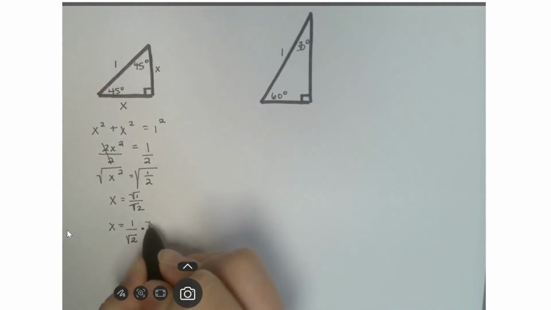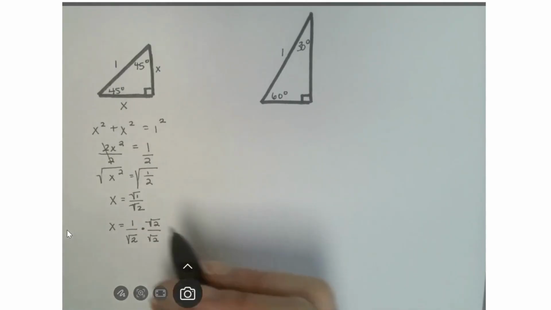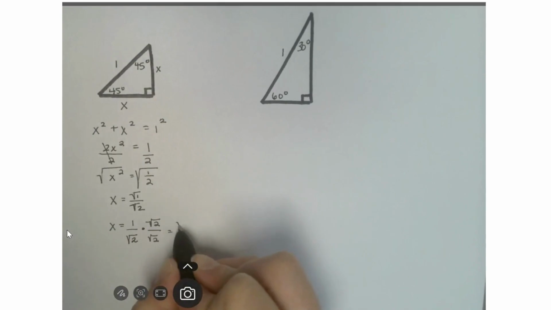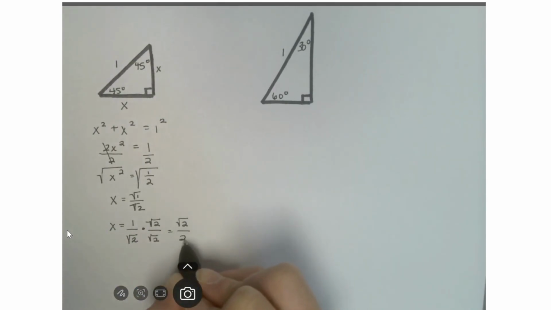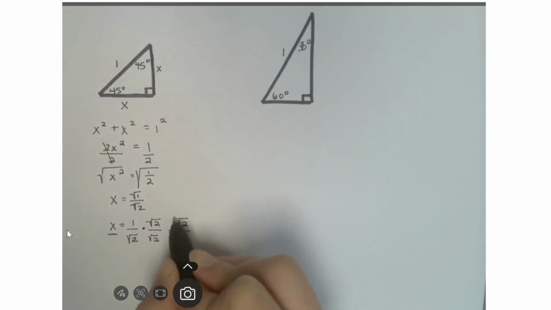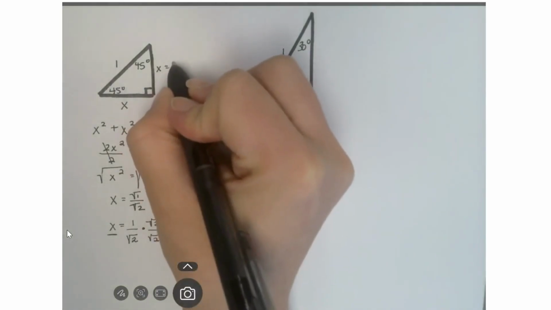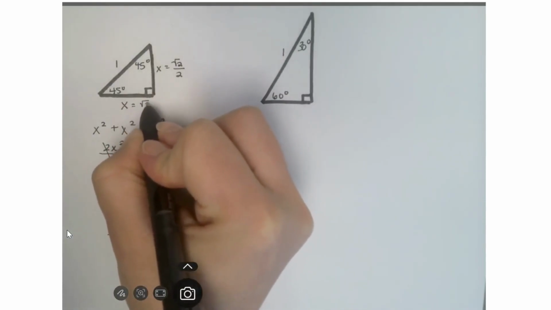That special number 1 is square root of 2 over square root of 2. You can multiply anything by the number 1. So let's simplify this. 1 times the square root of 2 is the square root of 2, and square root of 2 times the square root of 2 is 2. So both of these lengths for x are going to be square root of 2 over 2. So I'm just going to mark that right here. You're going to start seeing these things on the unit circle.